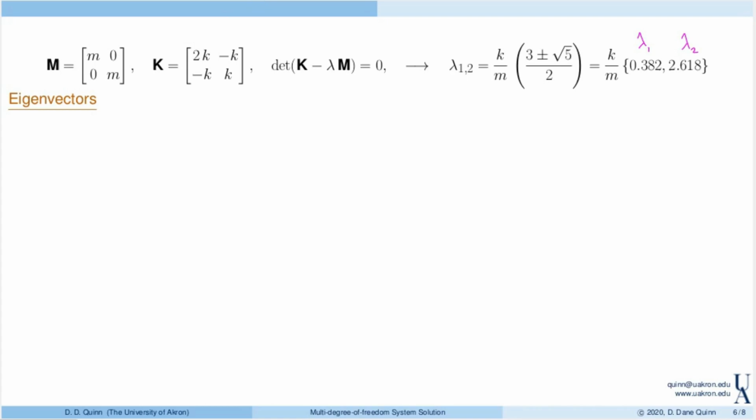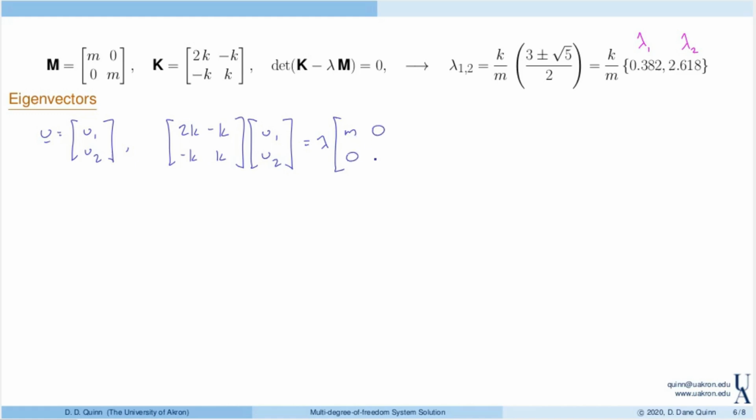So now I want to go and calculate the eigenvectors. Well, recall that the eigenvectors u1, u2 are their elements, right? So my eigenvalue problem was the matrix 2k, minus k, minus k, k, times u, so u1, u2, equals lambda times m.